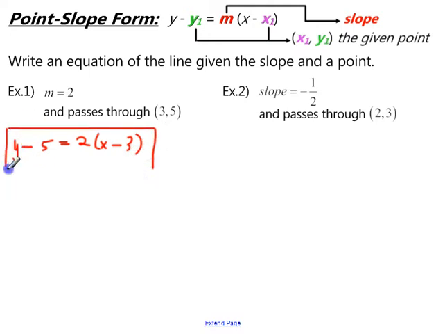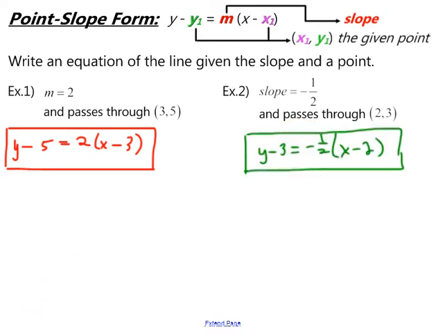And that's it. That's all you have to do. If I don't specify what form of equation I want your line to be in, leaving your answer in point-slope form, just plugging in the information, is perfectly fine. Now I want you to try example 2 and then check back with me when you're finished.